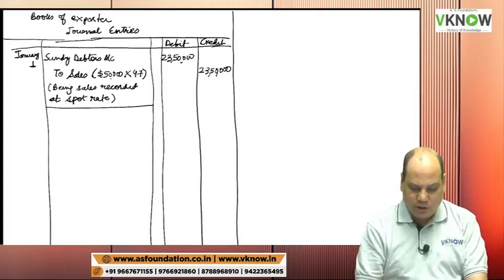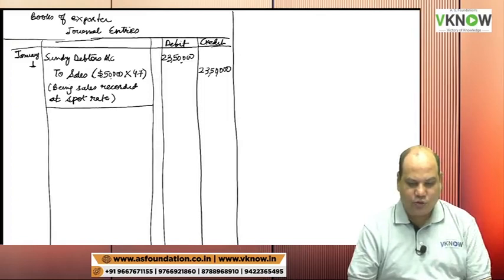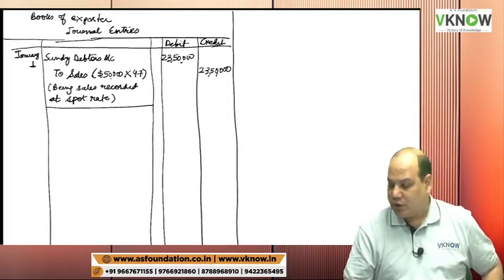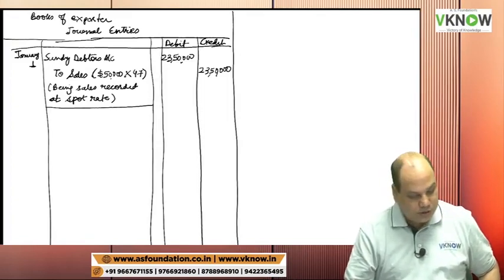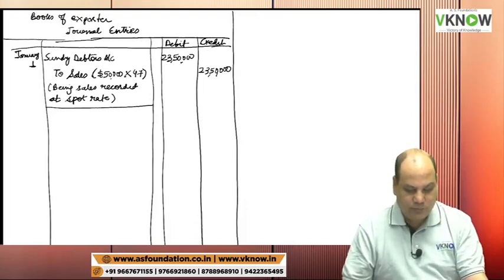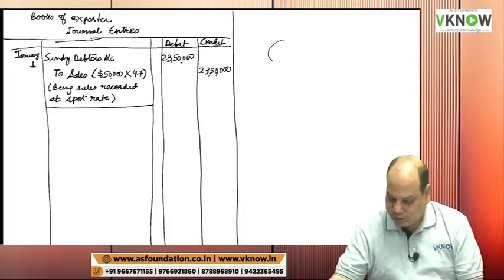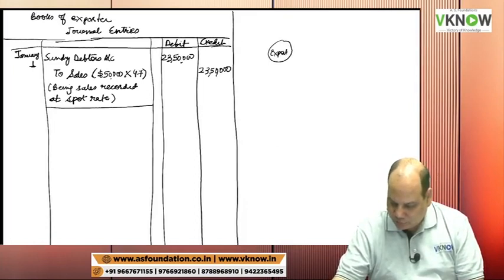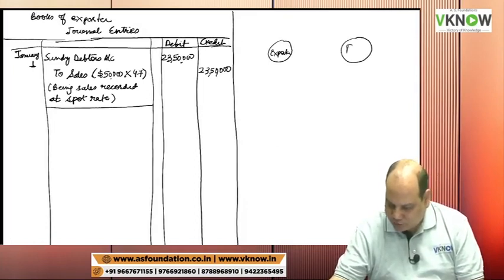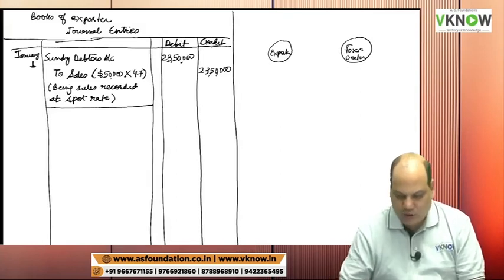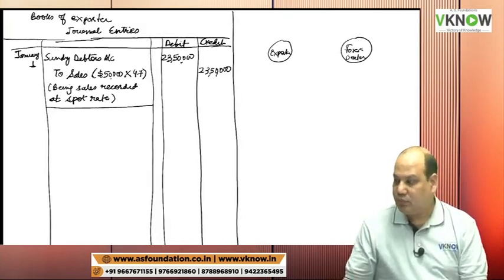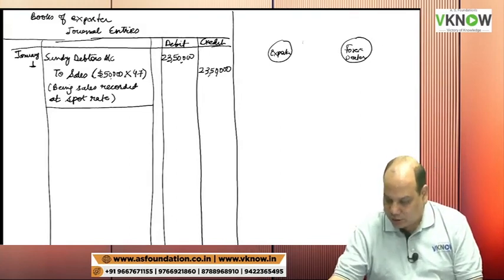This is a normal entry. A 11th standard student can also do it. Okay, now on the same day, 1st January, this entity, the exporter, goes to a forex dealer, a foreign exchange dealer, and they enter into a contract.